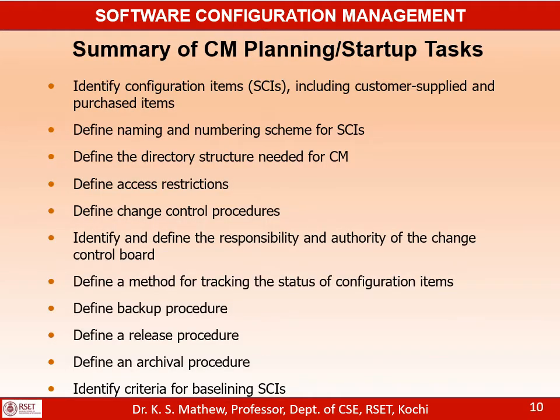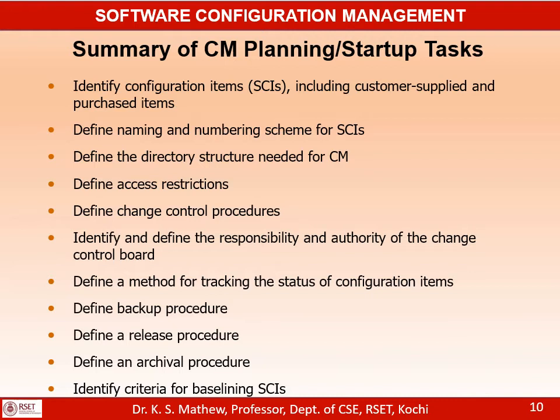So if you look at the summary of various CM planning and startup tasks: identify configuration items, including customer supplied and purchased items. So when you identify a configuration item, it is not only the work product you are going to produce as part of your project that you need to identify. Also the work product supplied by another third party, like the customer may supply some work product for you to test your product, or from a subcontractor or a supplier.